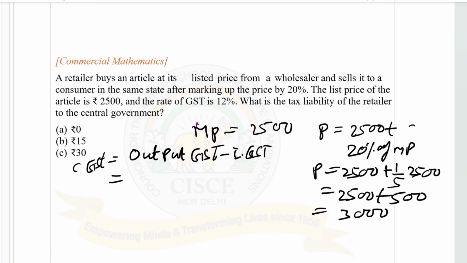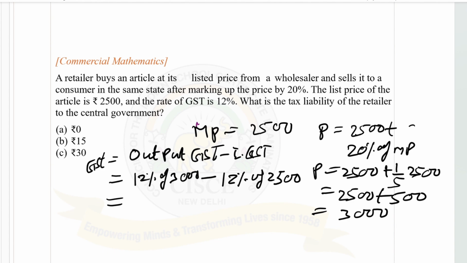So output GST is 12% of 3000, the price paid by the customer, minus input GST, which is 12% of 2500, since the retailer buys at the rate of 2500, then divided by 2. This is only GST, not CGST, only GST.